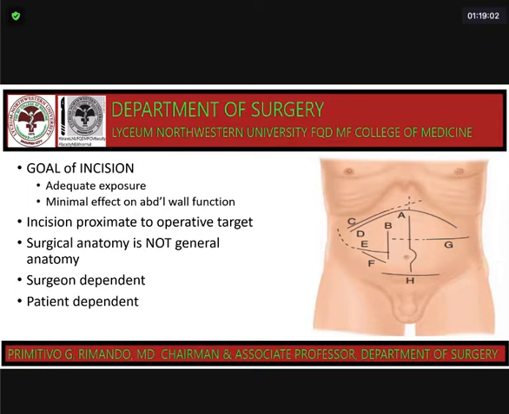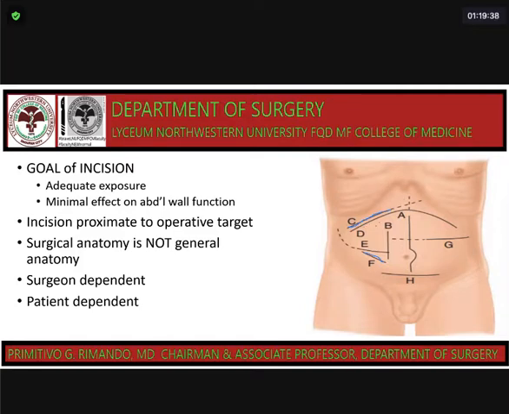So sometimes we still see patients status post appendectomy with a McBurney incision. That's still possible. Or sometimes, we had one consultant in the Philippine General Hospital, when he does gallbladder surgery, 98% of the consultants do a Kocher's incision.